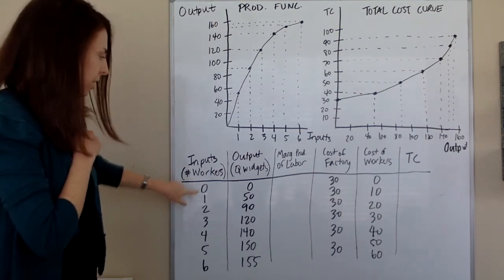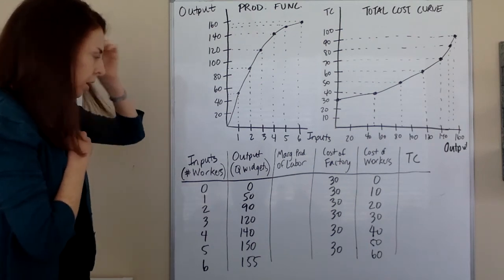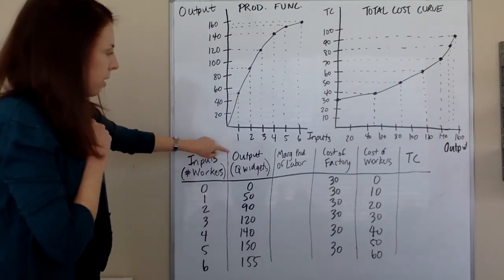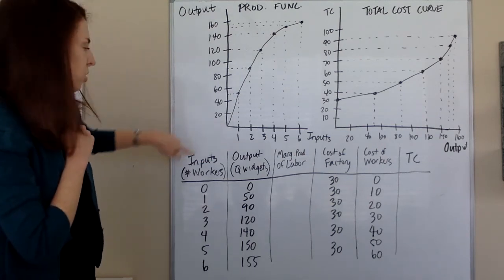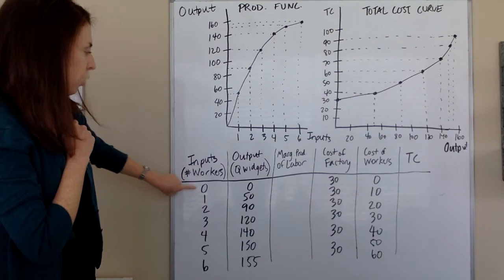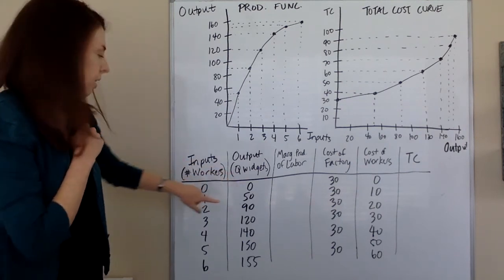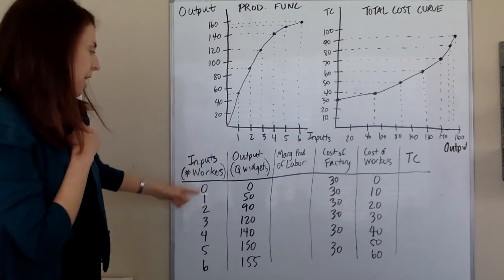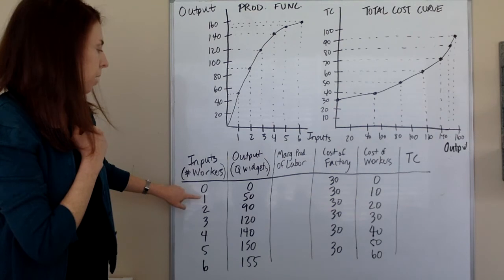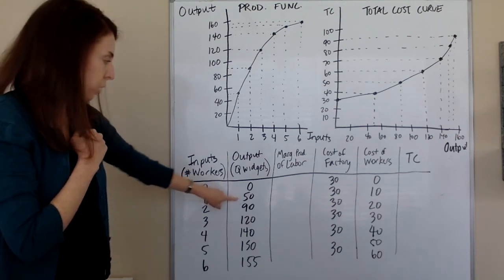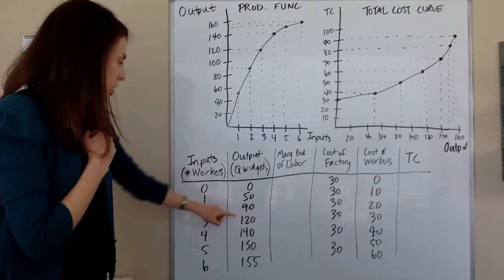A firm could hire 0 workers, 1 worker, 2 workers, 3 workers, 4 workers, 5 or 6 workers. The second column is the number of outputs that are generated by the inputs. So if a firm hires 0 workers, how many widgets are they going to make? 0. In this case, if they hire 1 worker, then they'll be able to produce 50 widgets. If they hire 2 workers, they'll be able to produce 90 widgets, and so forth.